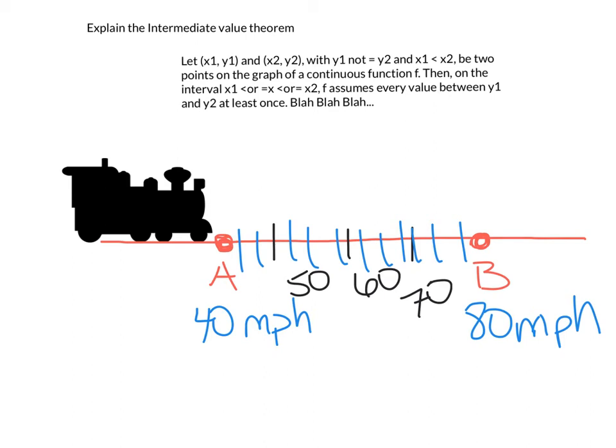It assumes that every value between here and here must be hit at some point. Yeah, so the intermediate value theorem is just basically simple logic.